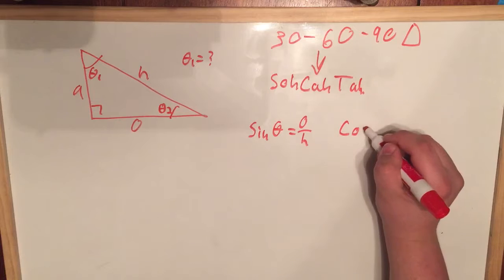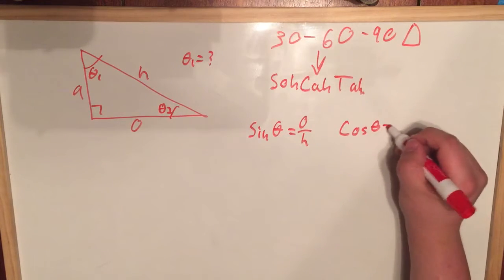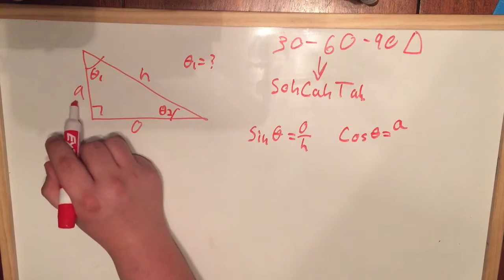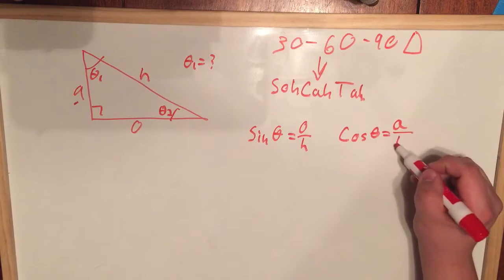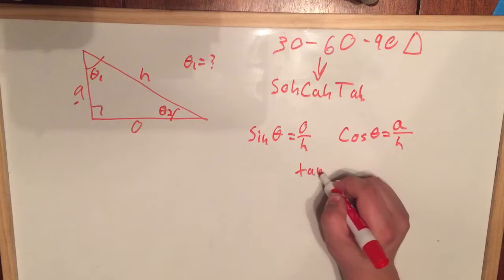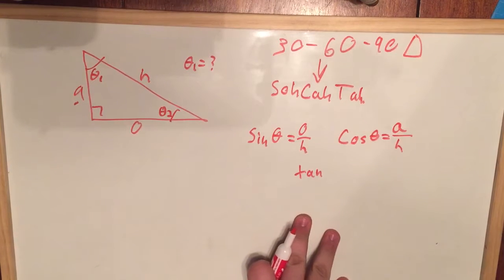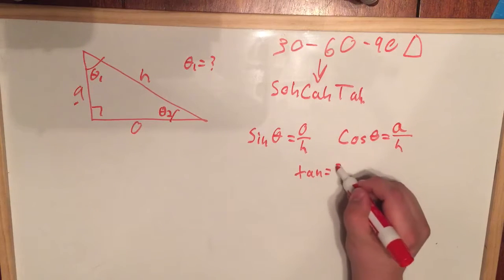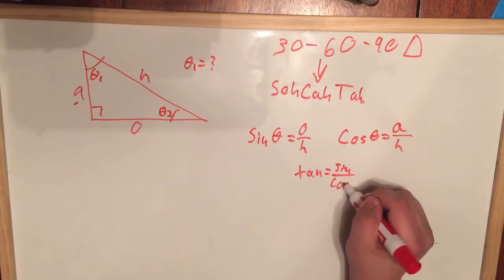And then we have the cosine of theta, which is equal to the adjacent, this side, over the hypotenuse, again the hypotenuse. And then we have the tangent. Now the tangent is typically referred to later as the sine over the cosine.